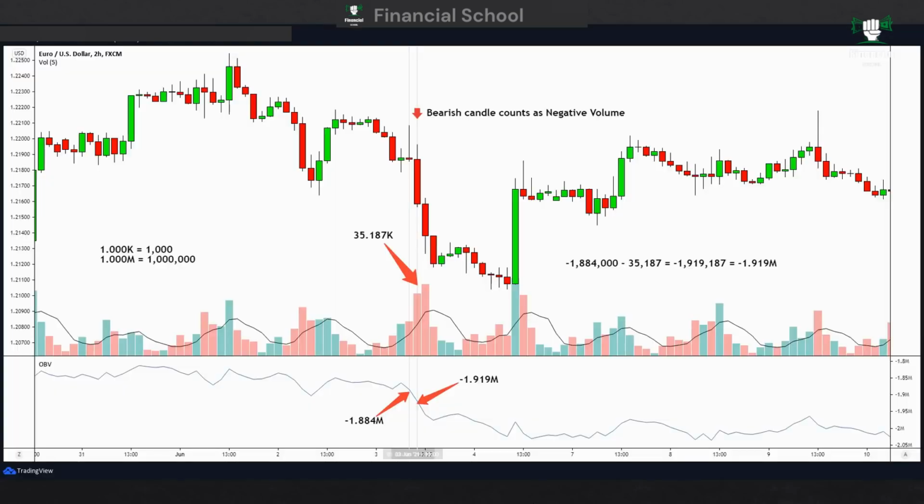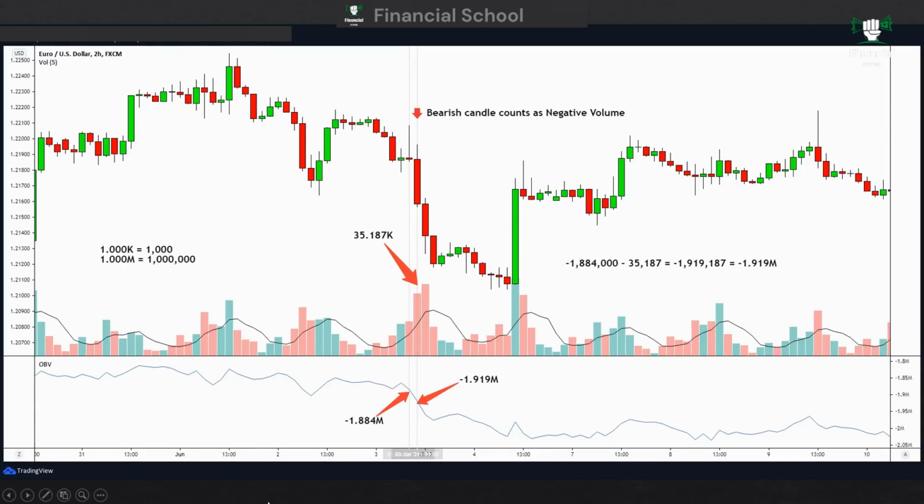In this chart, we can see an example of bearish volume being subtracted from the unbalanced volume indicator. The OBV value in the first period is minus 1.884 million, which means minus 1.884 times 1 million. In the next period, we have a large bearish candle with a volume equal to 35,187, which is the same as 35.187 times 1000.